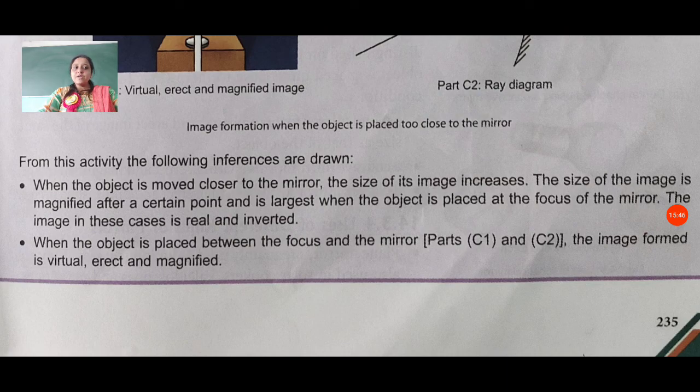The size of the image is magnified after a certain point and is largest when the object is placed at the focus of the mirror. The image in this case is real and inverted. When the object is placed between the focus and the mirror, parts C1 and C2, the image formed is virtual. In C1 we can see the image is virtual, erect and magnified.